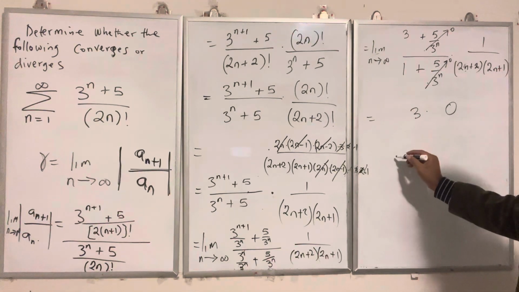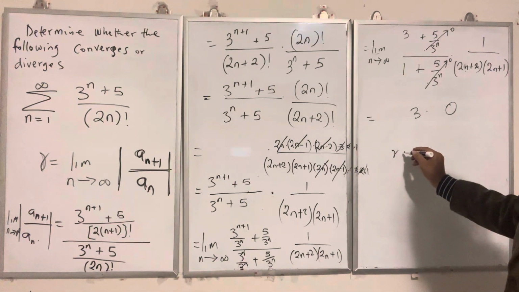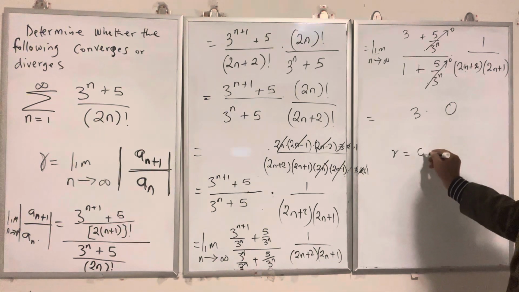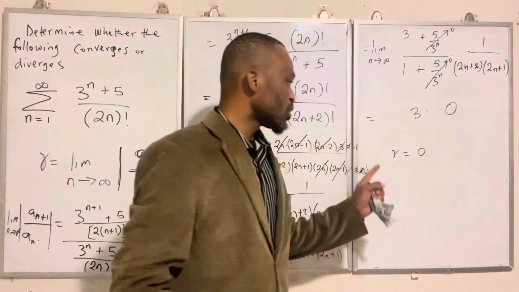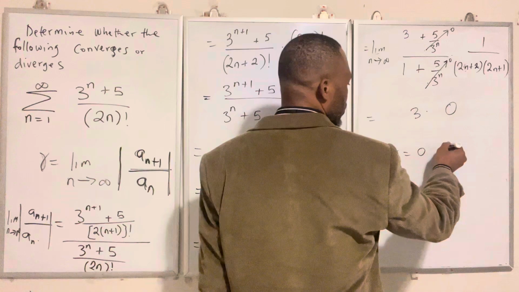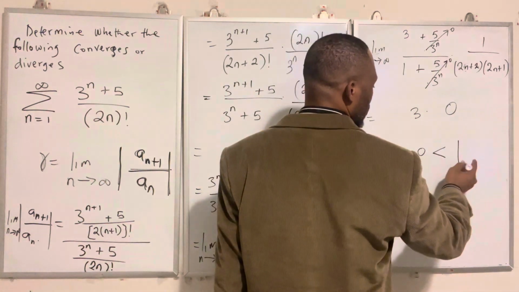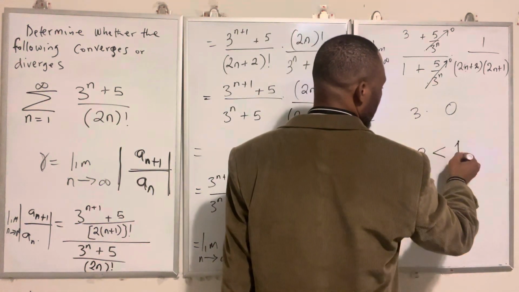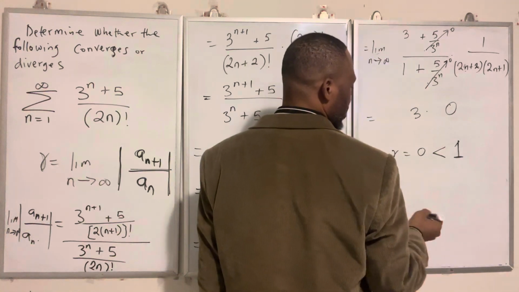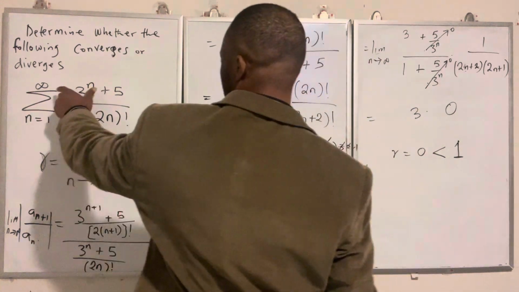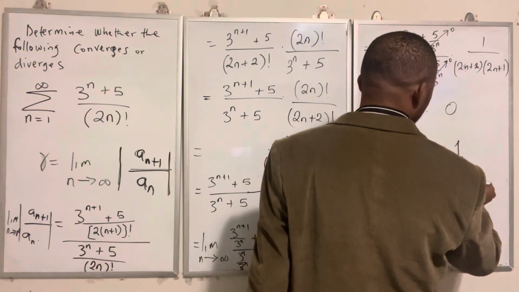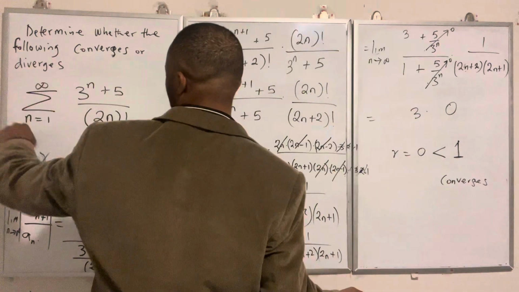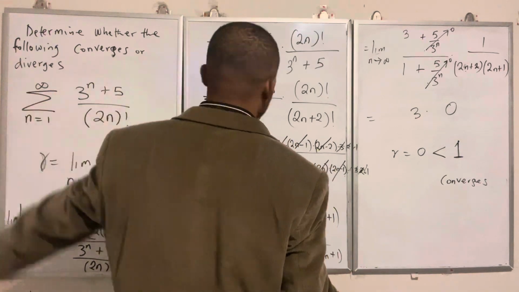So therefore r is equal to 0. Recall that since our r is equal to 0, which is less than 1, we say that this series converges.